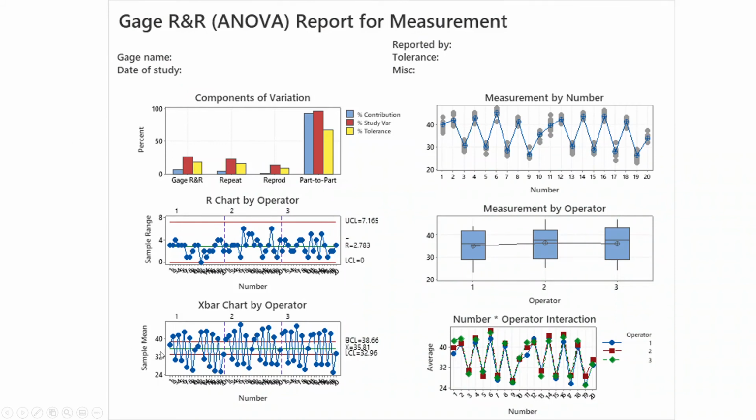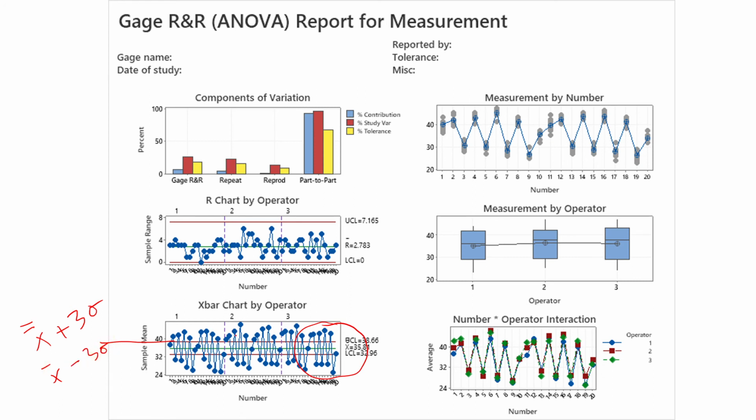Now, how do we explain these graphs? Especially these control chart graphs. As you can see, these control lines are developed using X bar plus 3 sigma for the upper control limit, and X bar minus 3 sigma for the lower control limit.